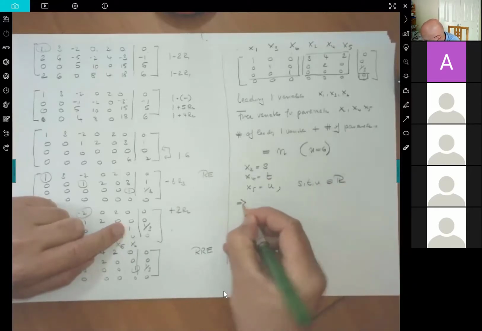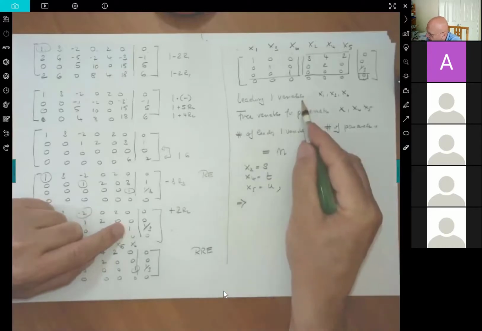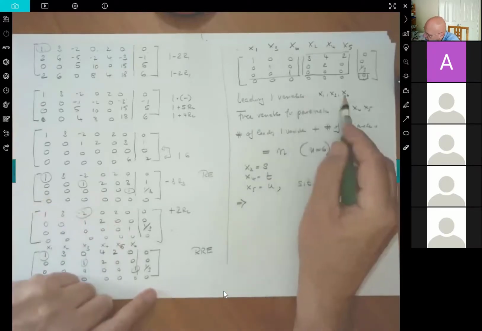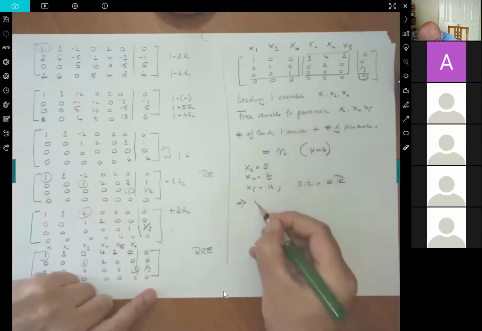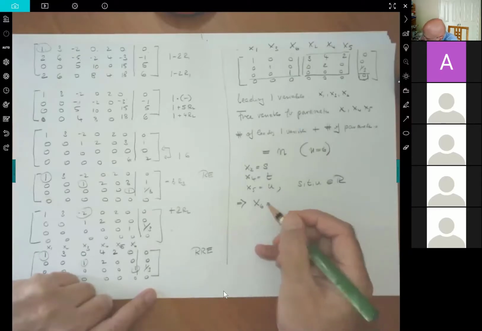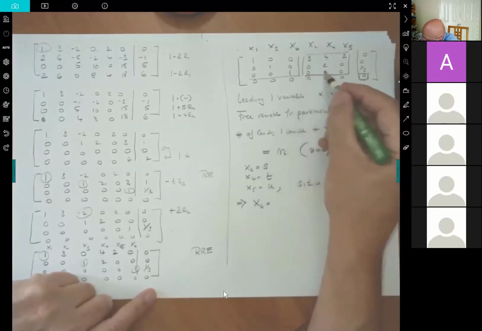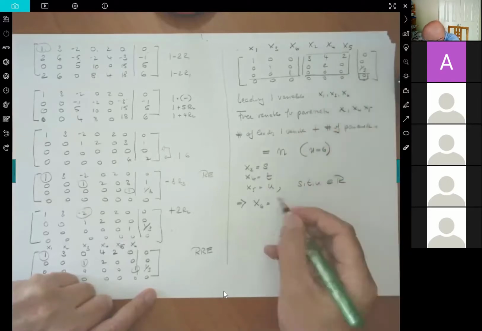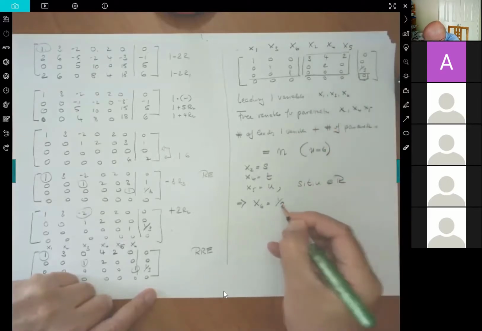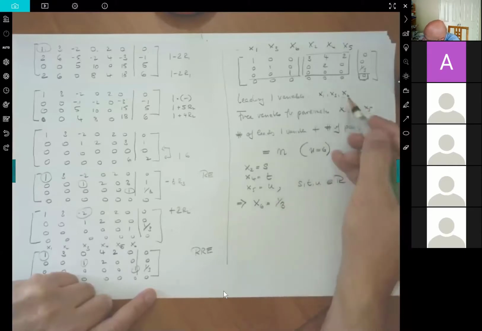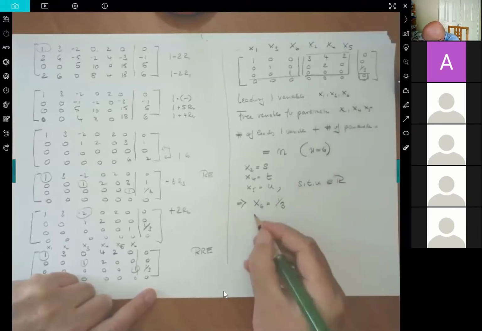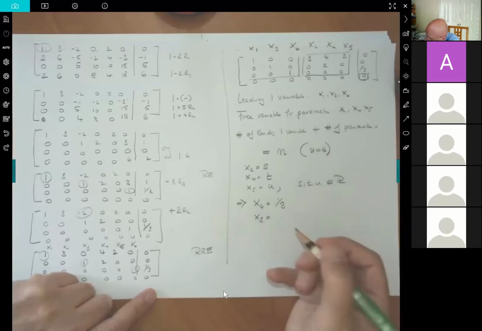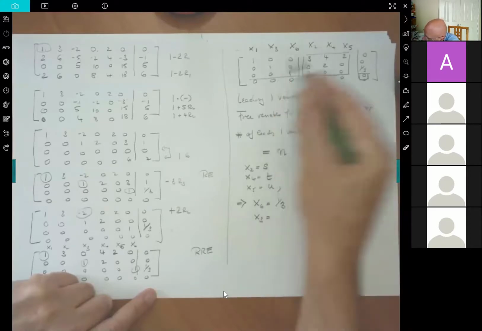Then we look for our leading 1 variables. So let's start with x6. So that means x6 is equal to, okay, 0, 0, 0. It doesn't mean anything. It's just x6 is 1/3. Then the next one, x3. So I go backwards. x3 is 0.